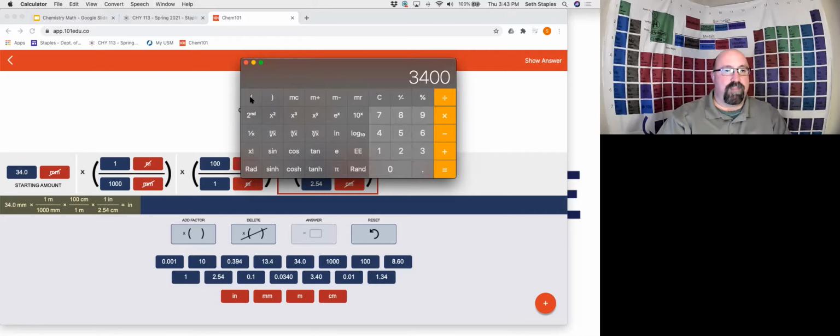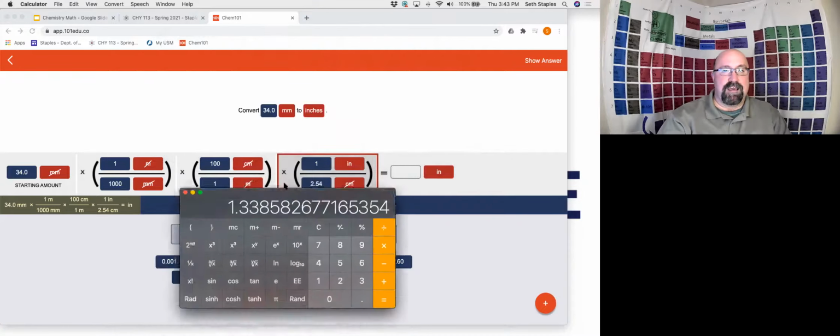So I'm going to start a parenthesis here: 1,000 times 1 times 2.54. Close my parentheses, so that's everything down bottom, equals 1.338, and so on.